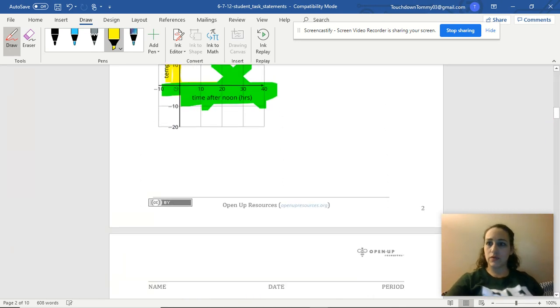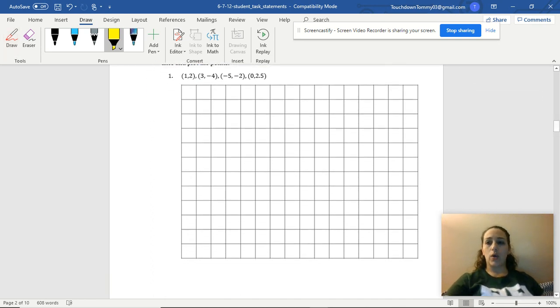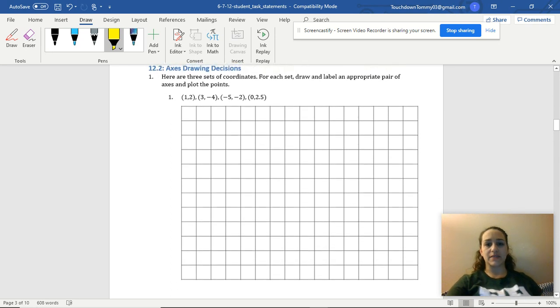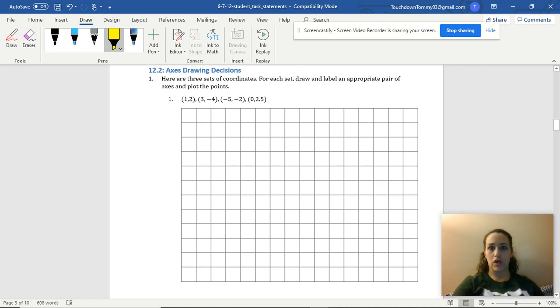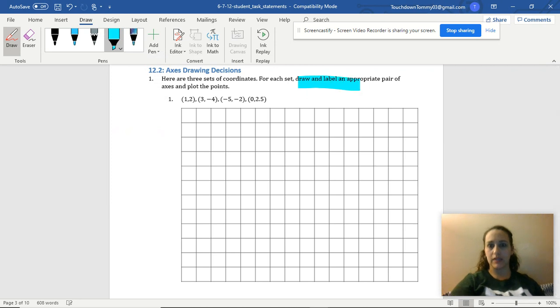So as I scroll down to see what our next step is, once we can identify what is our best choice for a grid, now we've got some sets of coordinates, and we're told to draw and label our directions here. Draw and label an appropriate pair of axes and plot the points.